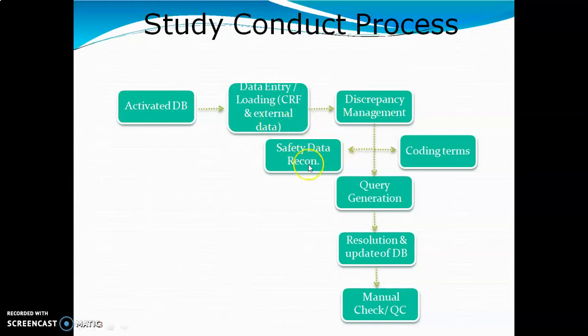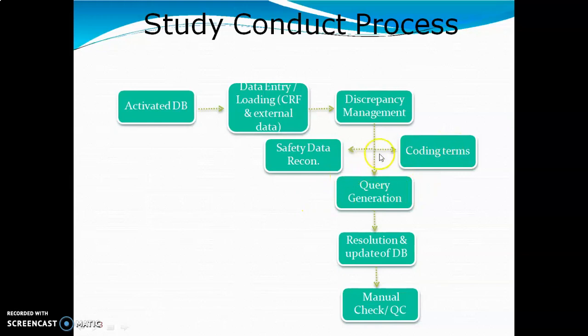Safety data reconciliation they are going to do with serious adverse effects or anything that comes across; reconciliation should be done. And if a severe adverse effect comes across, as I told you, some standard dictionary will be there, and they are going to give a code related to that.